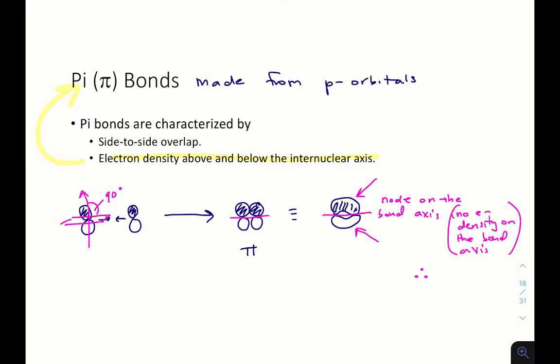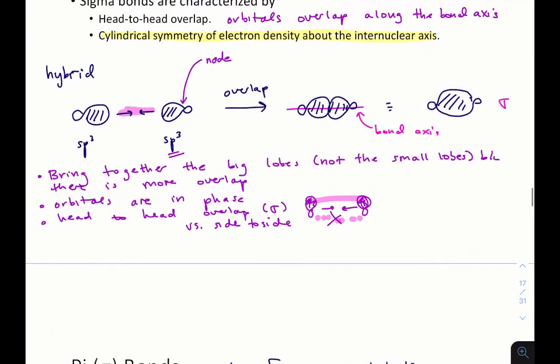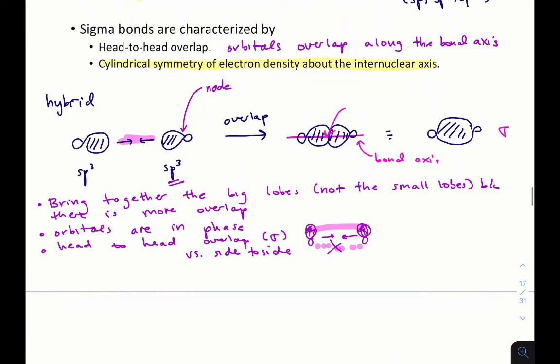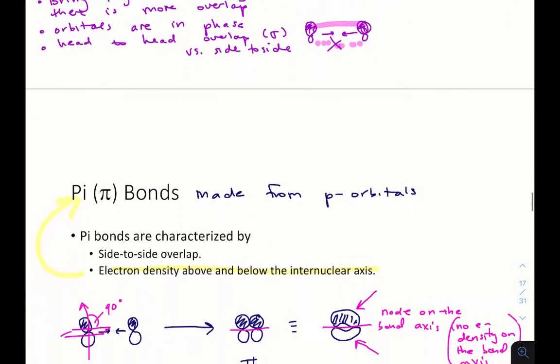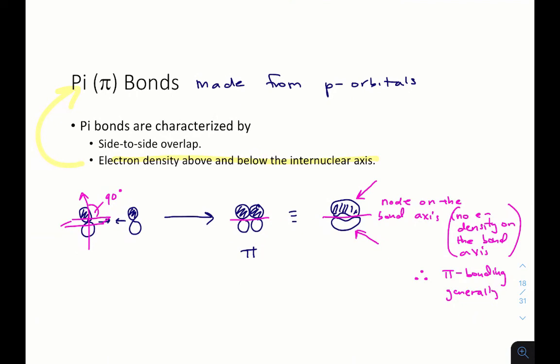This fact makes pi bonding interactions generally weaker than sigma bonding interactions, which have electron density on the happy place for the electron, the bond axis, close to the nuclei. Not the case for the pi orbital, pi bond. You have a node on the bond axis, which contains the nuclei.